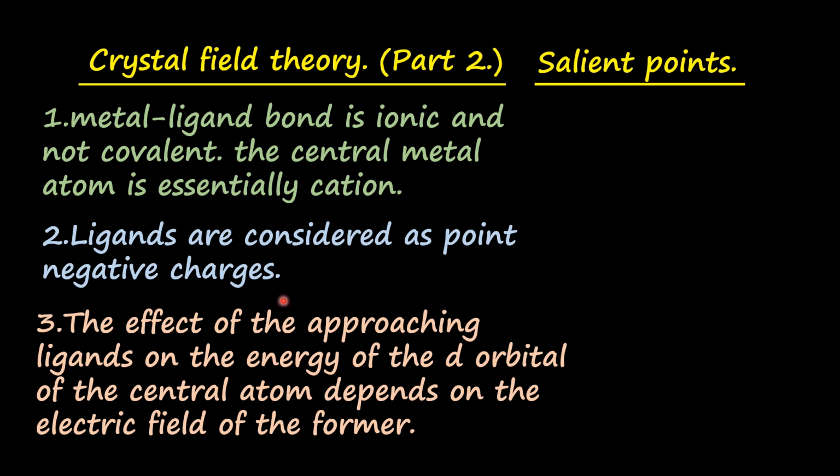That is, the strength and other features of these ligands will be different. So that will decide the effect of the ligand on the energy of the d orbital of the central metal atom.